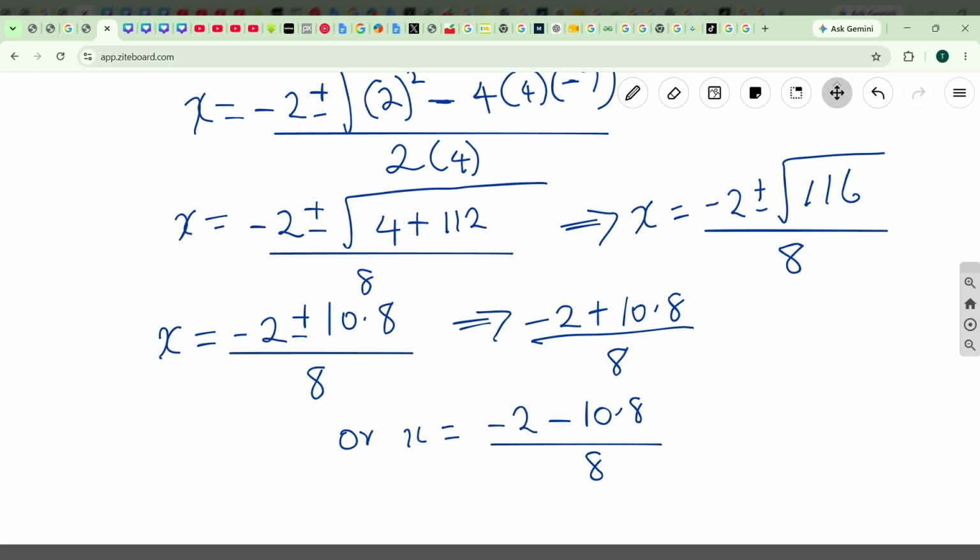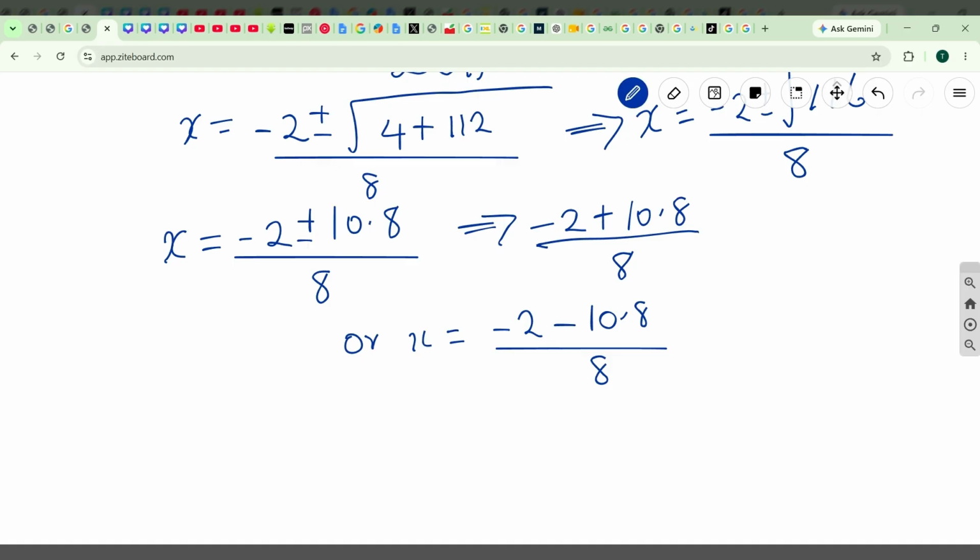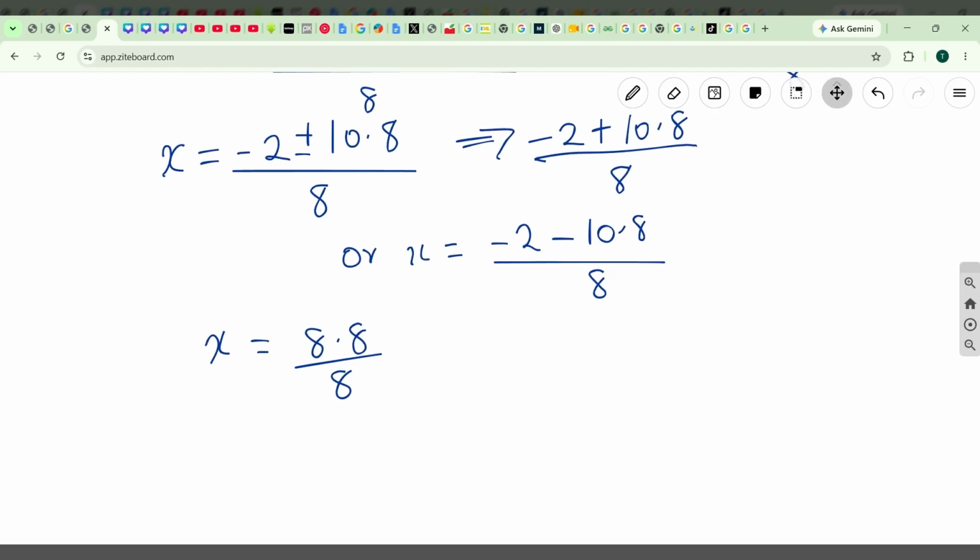So for the first instance, we have x equal to negative 2 plus 10.8, which will give us 8.8 divided by 8. Or x is equal to negative 2 minus 10.8, which gives us negative 12.8 divided by 8.